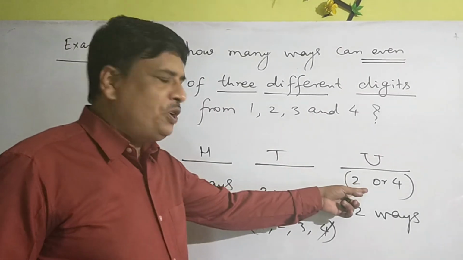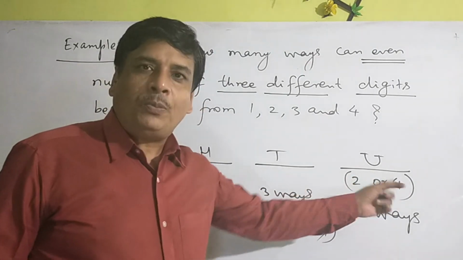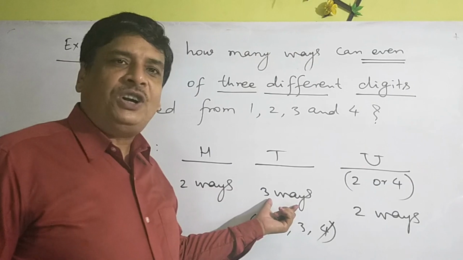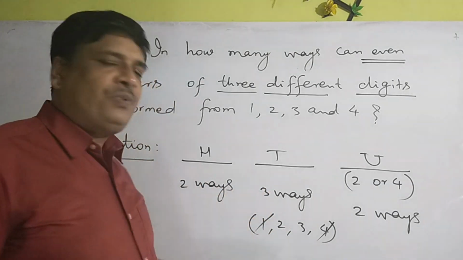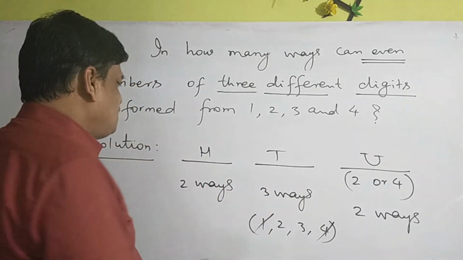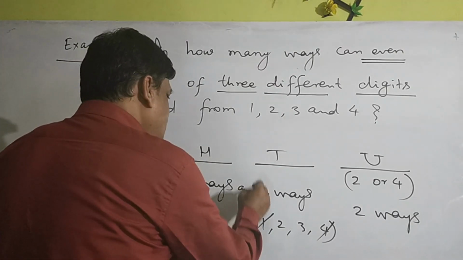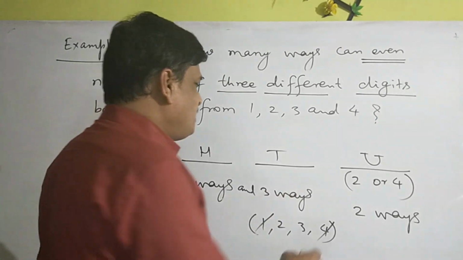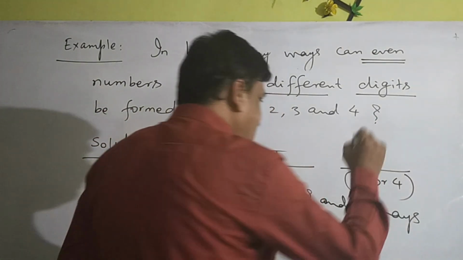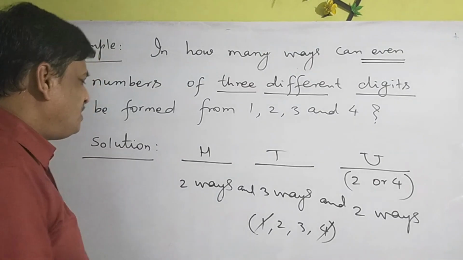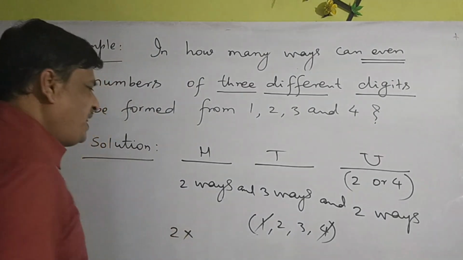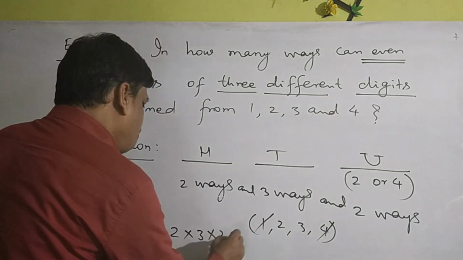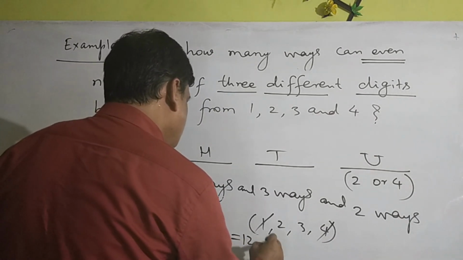For each choice of unit place, whether we take 2 or 4, in the similar fashion, we will get 3 choices for tens place and 2 choices for hundreds place. So hundreds place can be filled up in 2 ways, tens place in 3 ways, and unit place in 2 ways. As a result, the total number of ways we find by multiplying 2 into 3 into 2, which is 12.